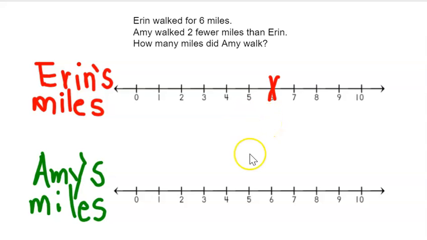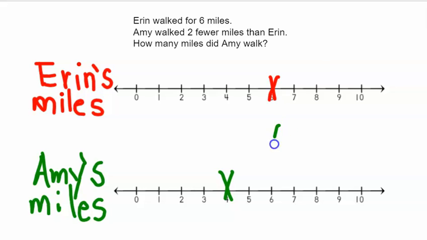So what's 2 fewer or less miles than Aaron? So if Aaron walked 6 miles, what is 2 less than that? So I know here, if she walked 6, 2 less than that would be 4.